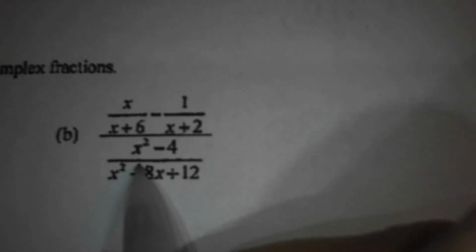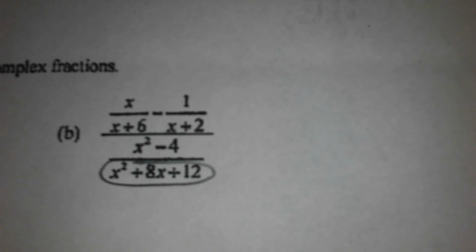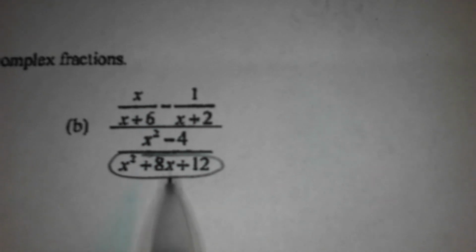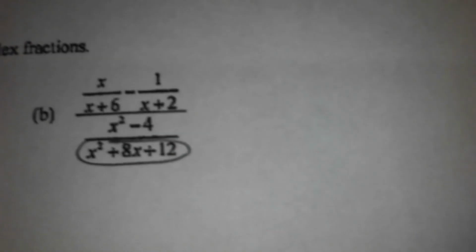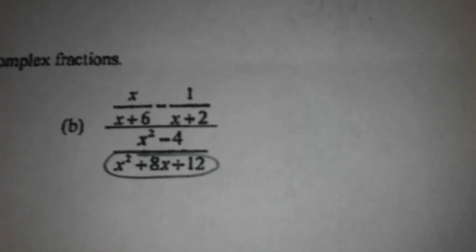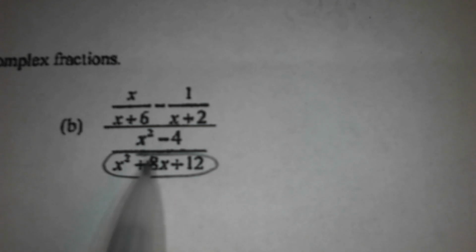Okay, so let's just do one more together on the bottom here. Factor out your denominator so we can see what the least common denominator would be. And this factors into what? Take a minute, try to factor that. Faye, what does that factor into?